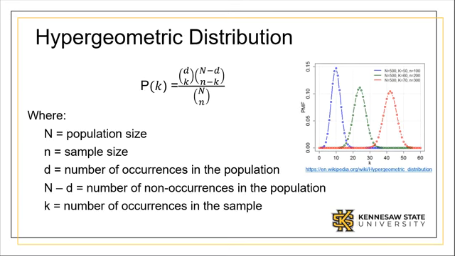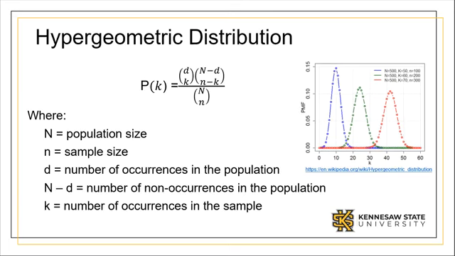Unlike the binomial, the hypergeometric distribution is used when there is no replacement. Both distributions require two possible outcomes on each trial. The difference is that the binomial requires the probability of success to be the same for all trials, while the hypergeometric distribution does not.